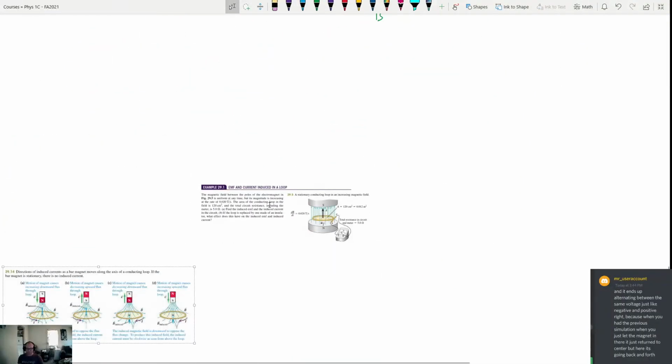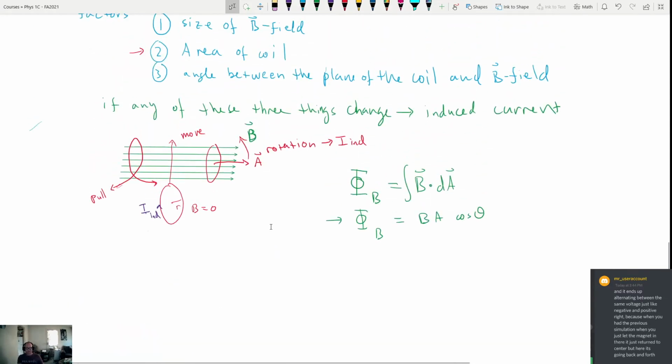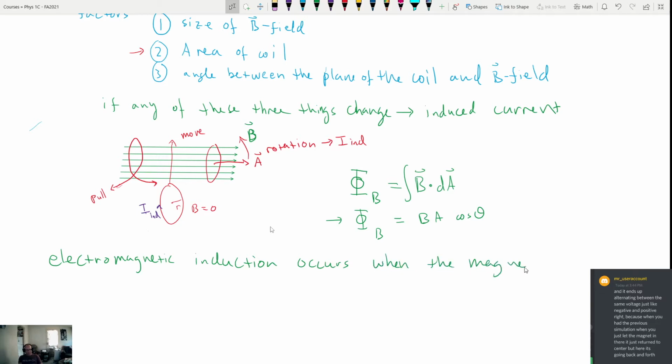So to summarize that, we can say that electromagnetic induction occurs when the magnetic flux through a closed loop, it has to be a closed loop, or coil, changes.